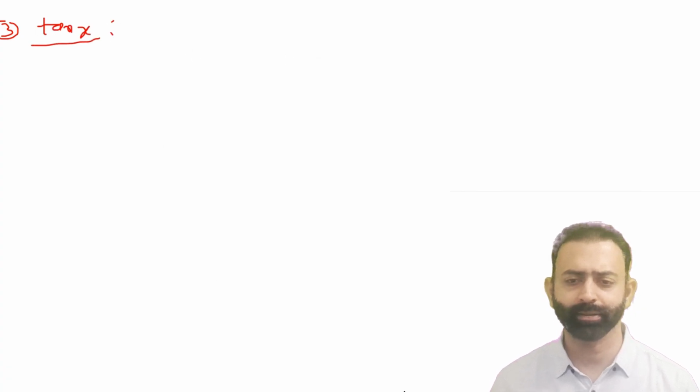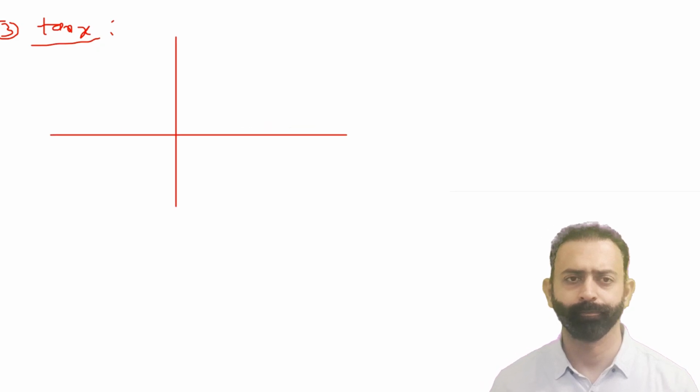So the graph of tan x is very simple. We know that pi by 2 and minus pi by 2 are the two asymptotes. So these two are the asymptotes of the graph, and tan x lies between these two.